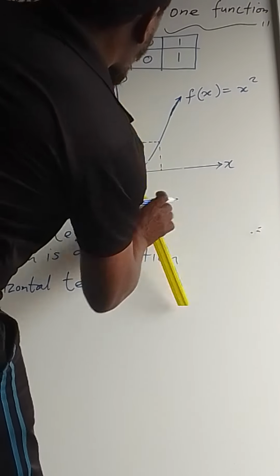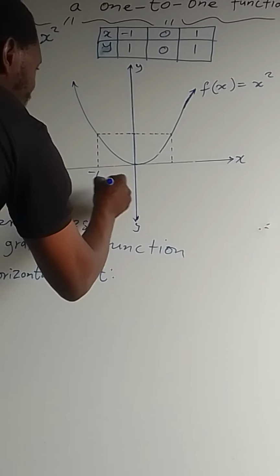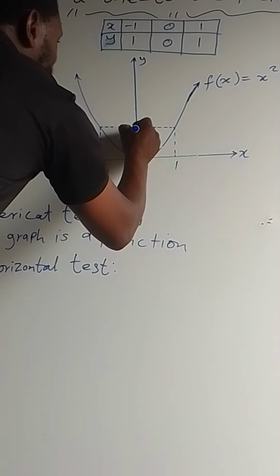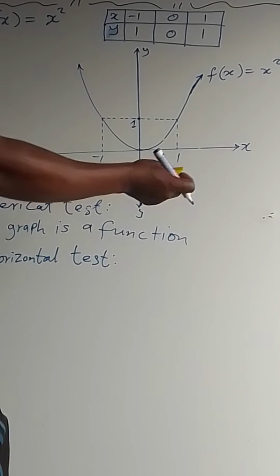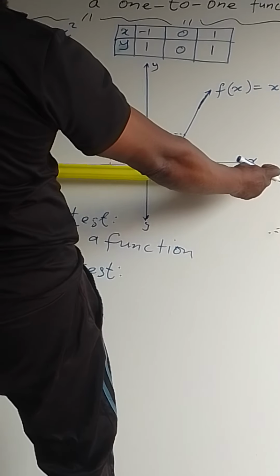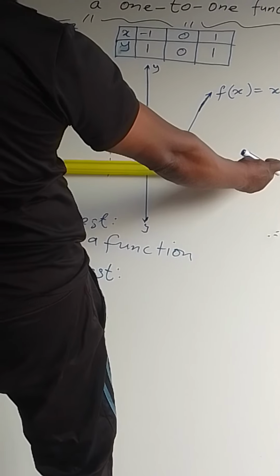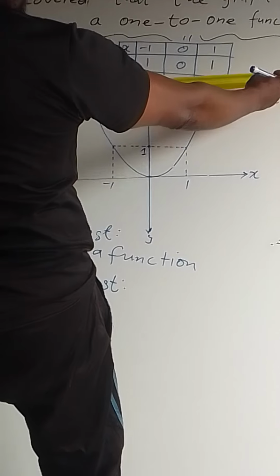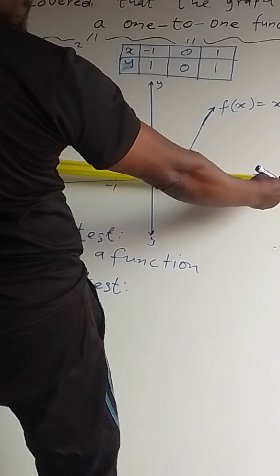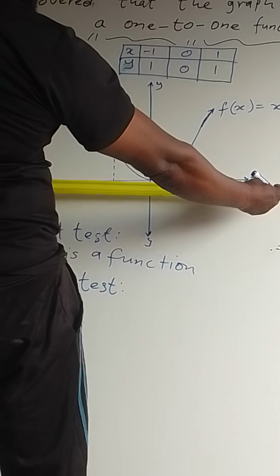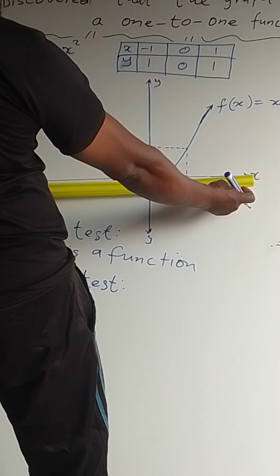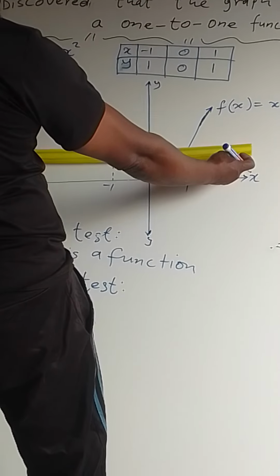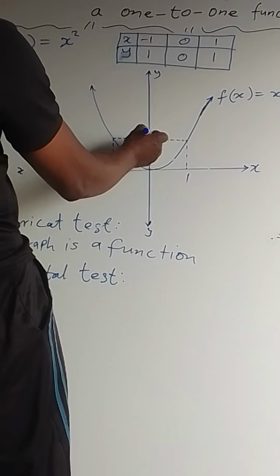As I move my ruler from down to up, or up to down, I find that there are two values that I find from the domain, but only one value that I find in the range.